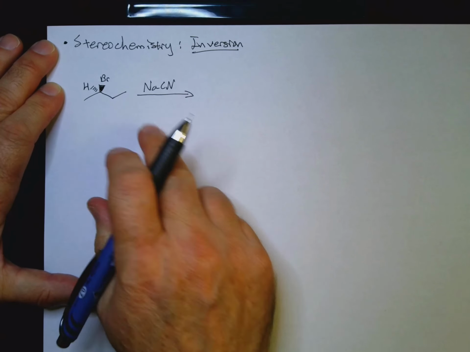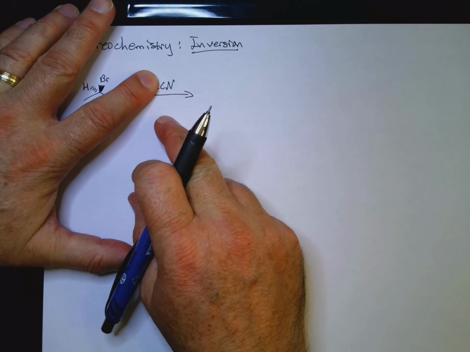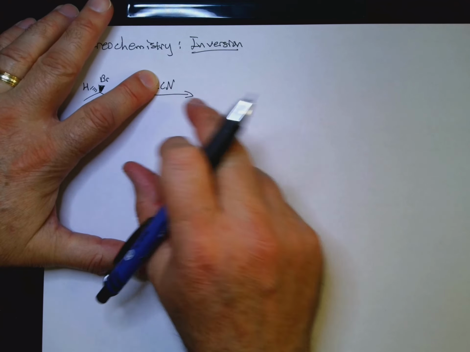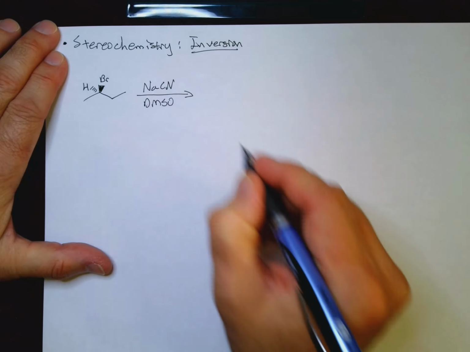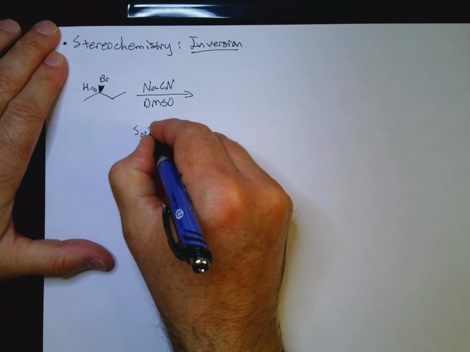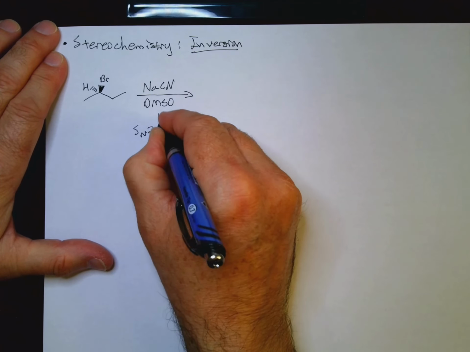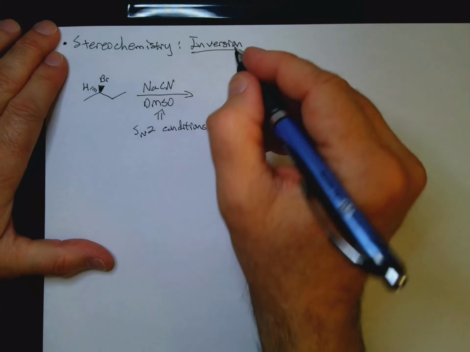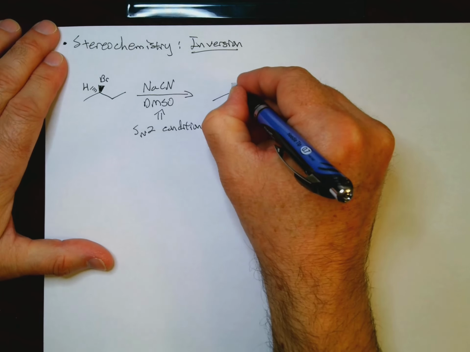Whenever we see something like sodium or potassium, we just ignore it. Na plus just floats around, so CN minus is our nucleophile, and let's do this in DMSO. So those are SN2 conditions.